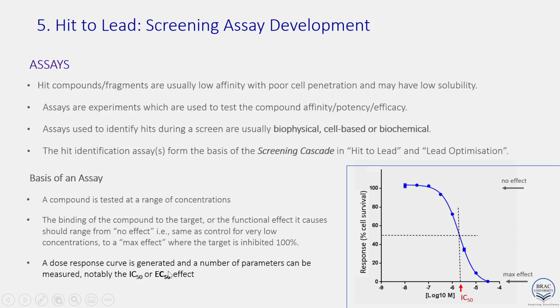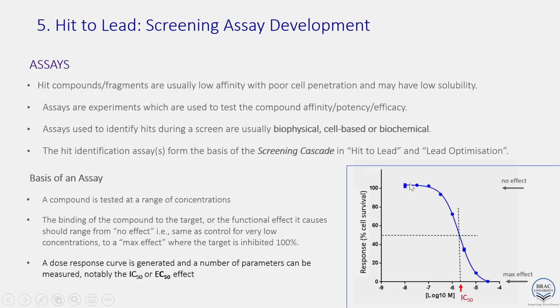So this is quite important. In this figure, on the x-axis there is the range of concentrations we used, starting from very low nanomolar and increasing, and on the y-axis there are cells.